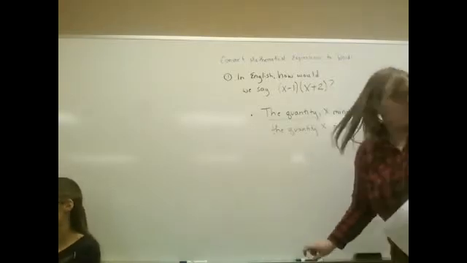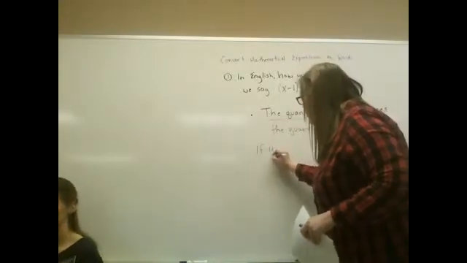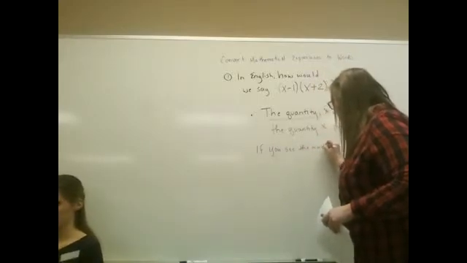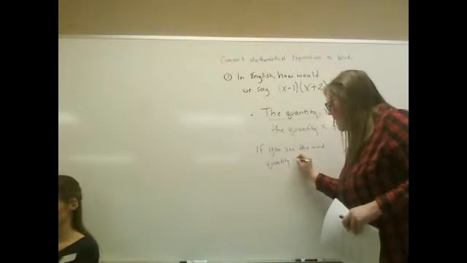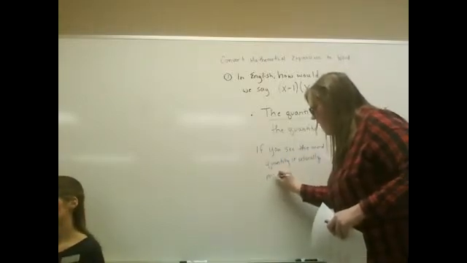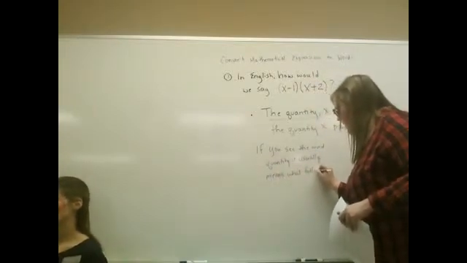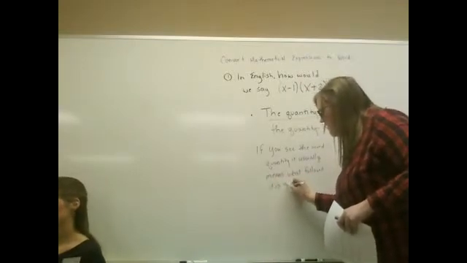All right, so let me write that up here. Not only for clarity, but also so it'll be on the video. So if you see the word quantity, it usually means what follows it is grouped together.